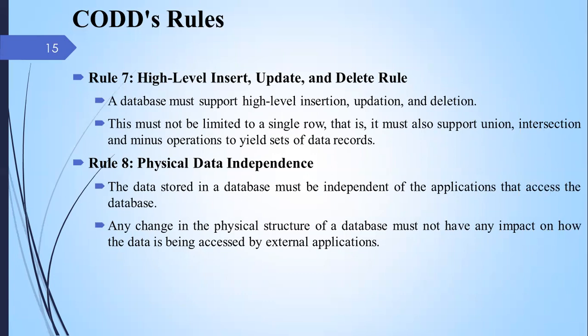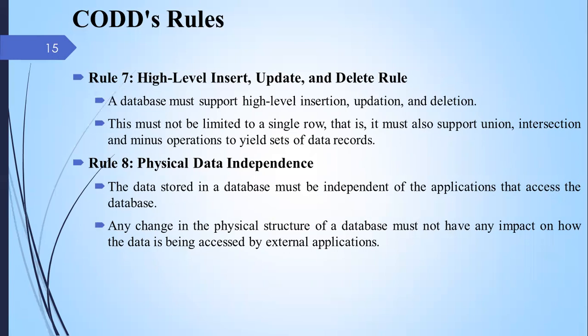During the creation of a database, you may need to create a single row or a number of rows, and at that time you should be able to delete it. There may also be a need to update a number of rows at a time. So high level insert, updation and deletion is possible in the relational database.